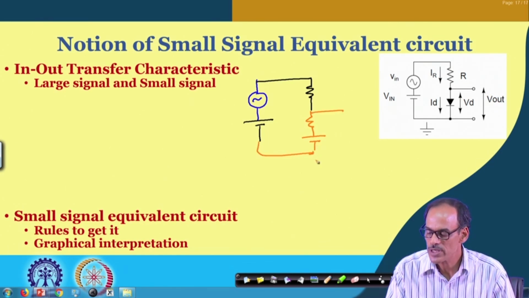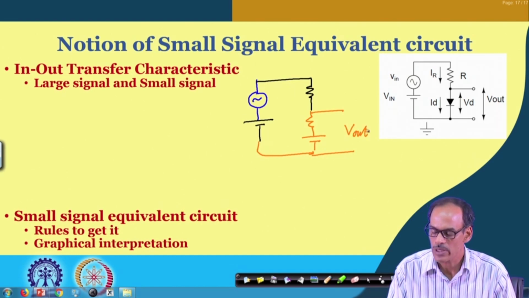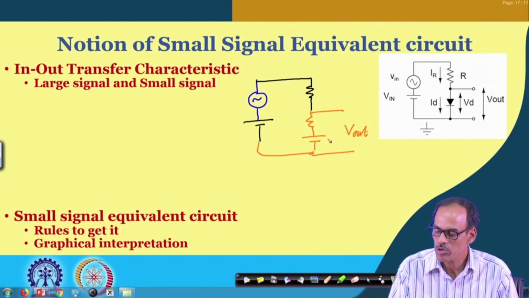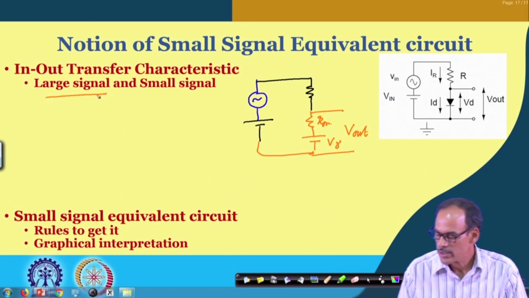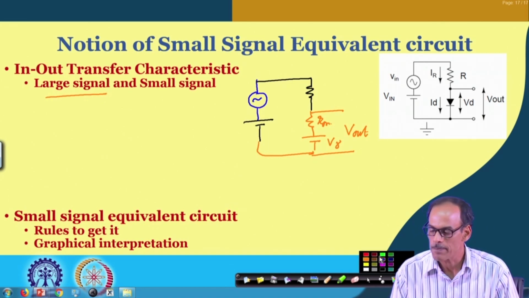So, this is what we said, it is the large signal equivalent circuit consisting both V gamma and R on. Now, whenever you are talking, so this is the large signal. Now, let us see what is the small signal.